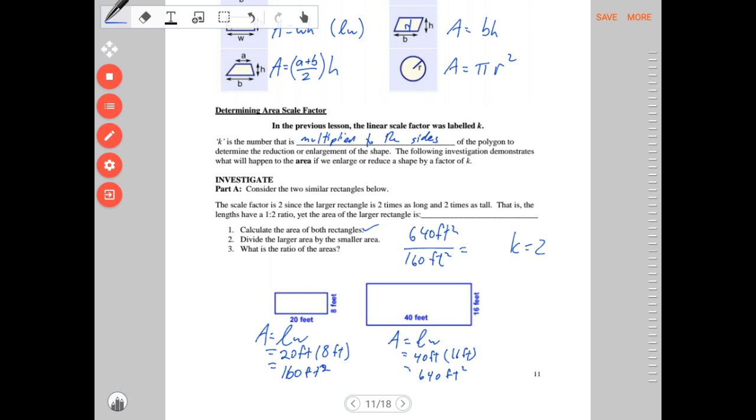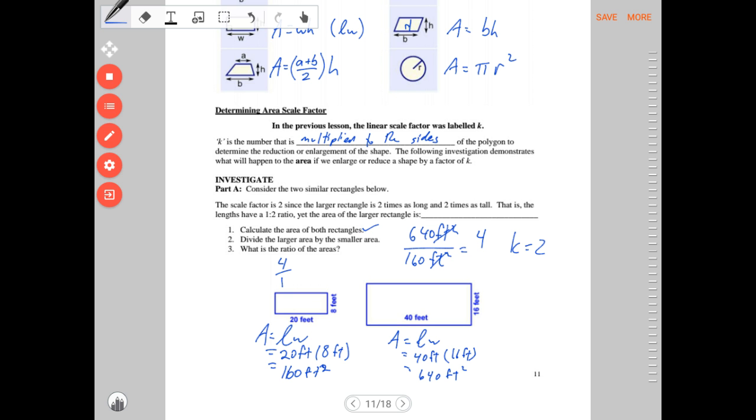And what we notice when we do that is that the units cancel, and 640 divided by 160 is 4. So what is the ratio of the areas? Well, the ratio of the areas is 4 to 1. Oh, well, that's interesting.